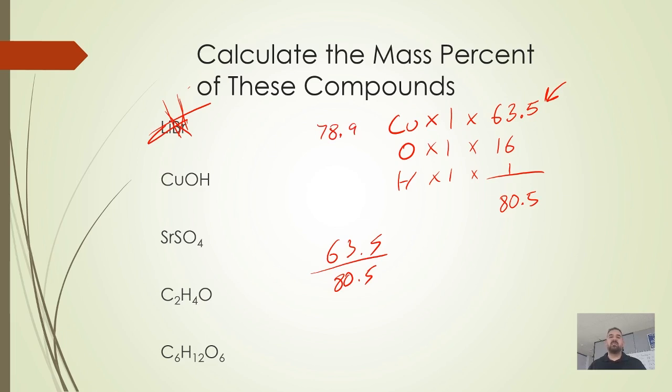That's going to be 16 divided by 80.5. 19 point what? All right, and then last one, 1 divided by 80.5. All right, 1.2. If we add all these up, you are going to get 100%. That looks good. Any questions on this?